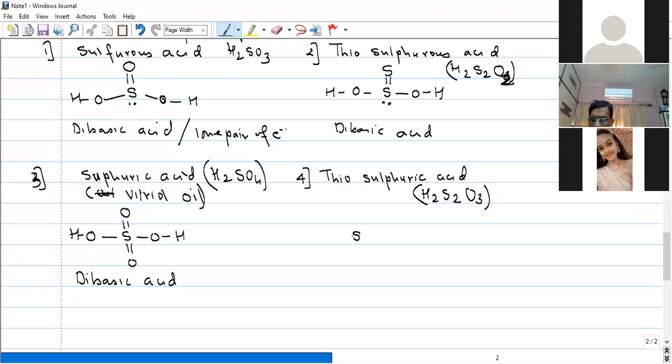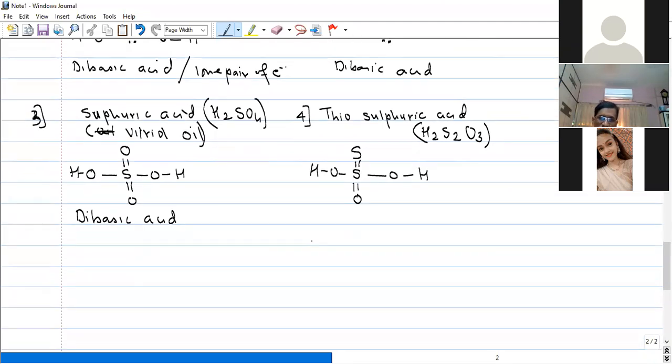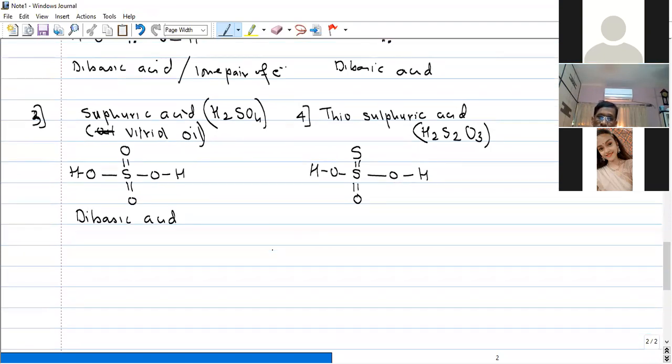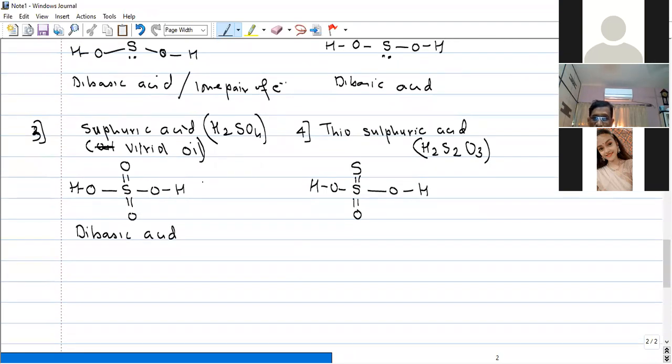Structure: S, double bond O, OH, OH. Thiosulfuric acid is also a dibasic acid. So basicity depends upon the number of OH groups. जितना OH group होगा उतना वो H ion देगा. So it is a dibasic acid.